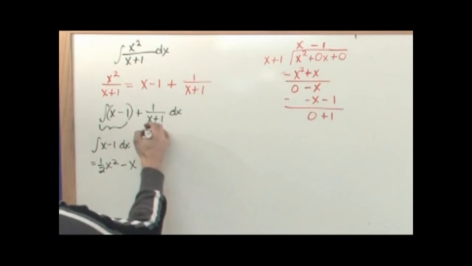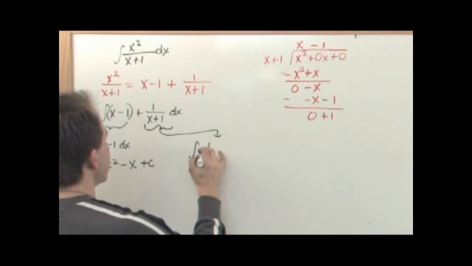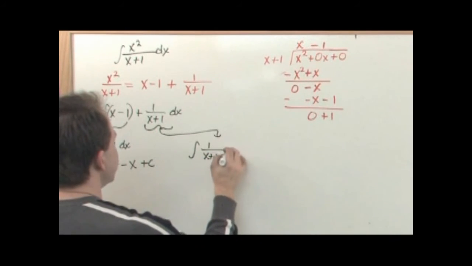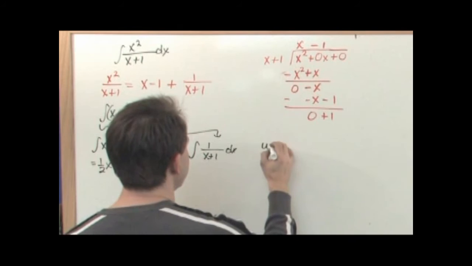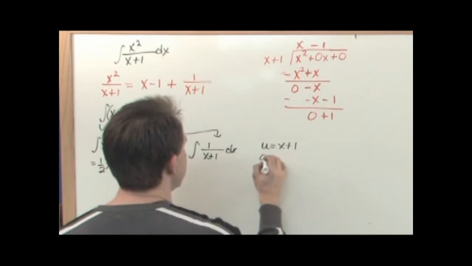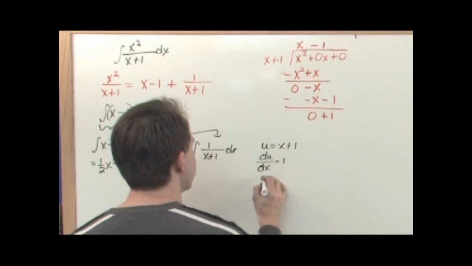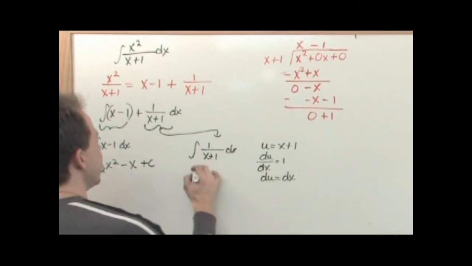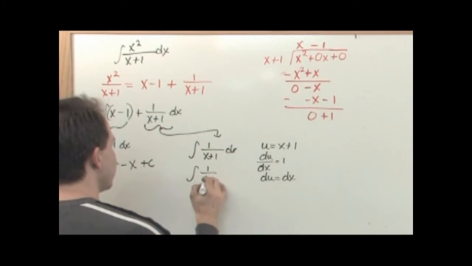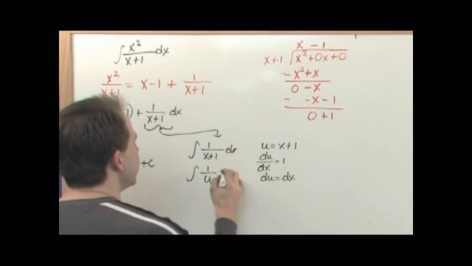And this one right here is going to be, I'm going to do it over here, integration of 1 over x plus 1 dx, okay? And here I'm going to use a substitution. u is equal to x plus 1, du/dx is equal to 1, so then du is equal to dx, and I can plug that in here and say our integral is 1 over u, because x plus 1 is u, and dx we defined as du.